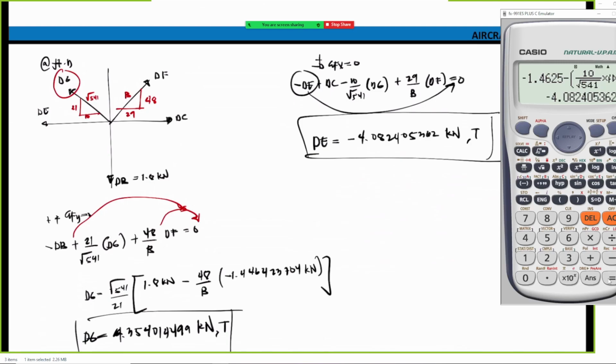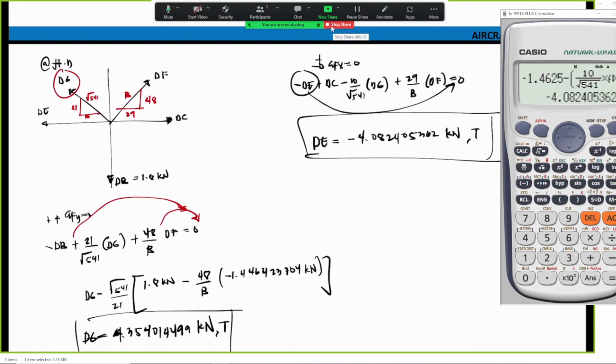Okay, so that is your answer for method of joints ng design truss natin.